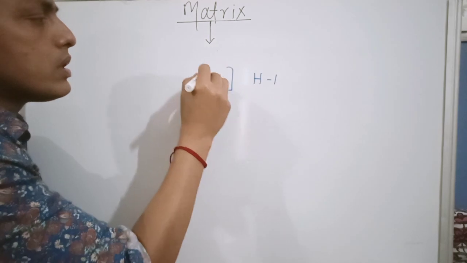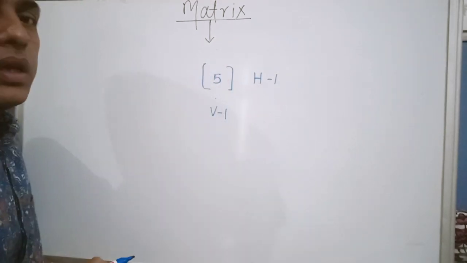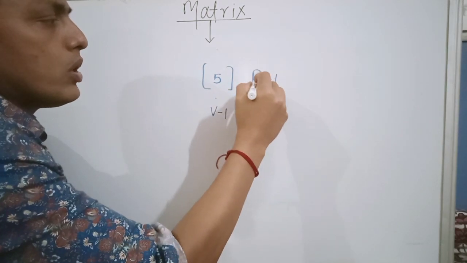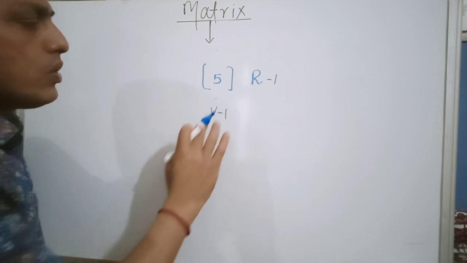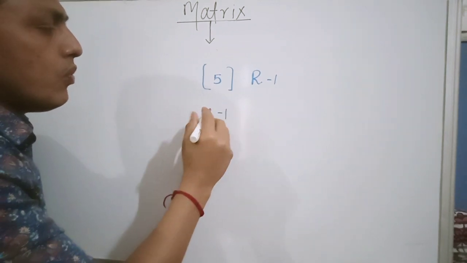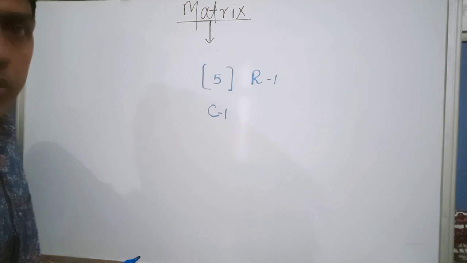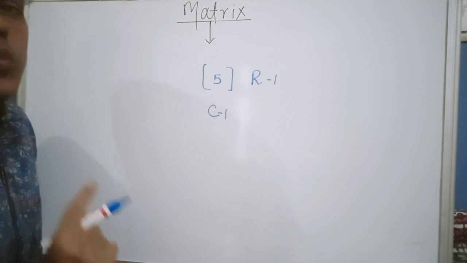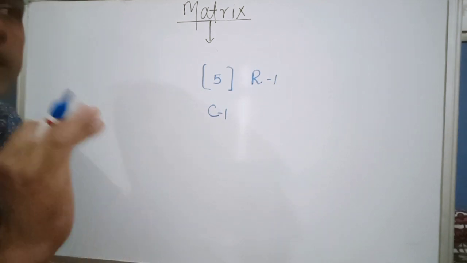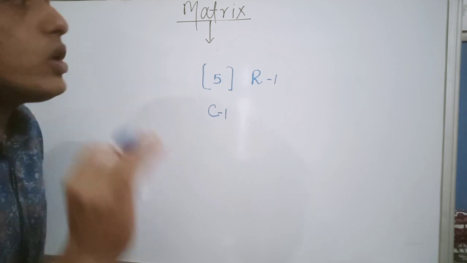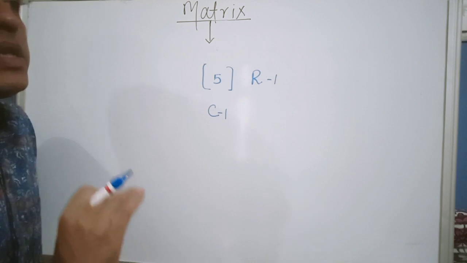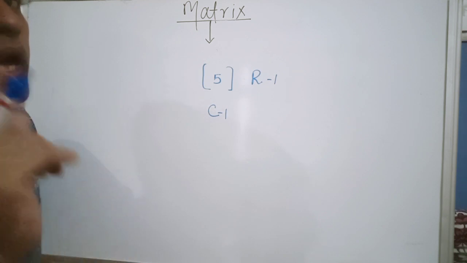Enclose it in the square bracket. So the horizontal line will be called row number 1. Vertical line number 1 will be called column number 1. So total how many rows and how many columns are there? 1 row and 1 column. This is the smallest matrix which is possible. Means a matrix can have minimum 1 row and 1 column.